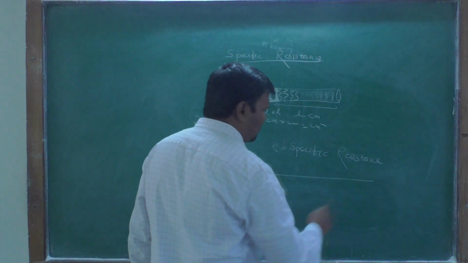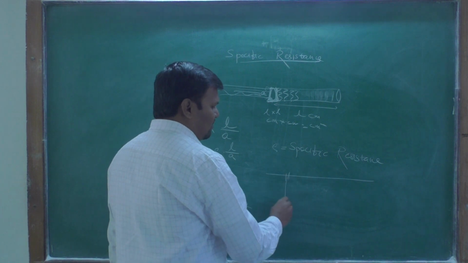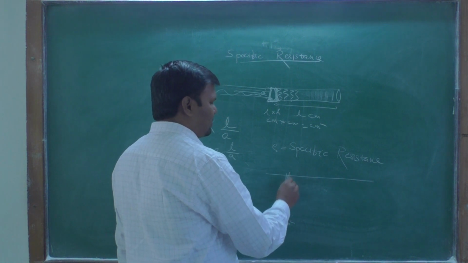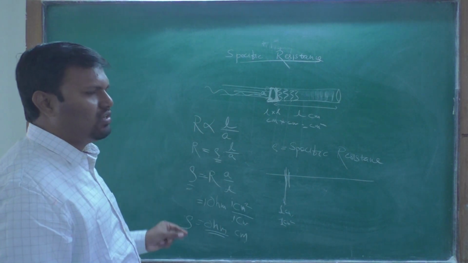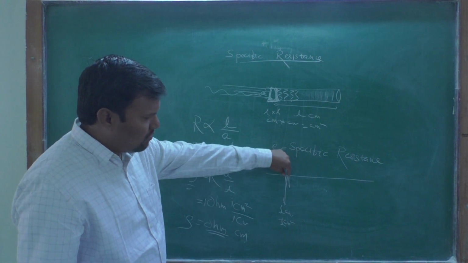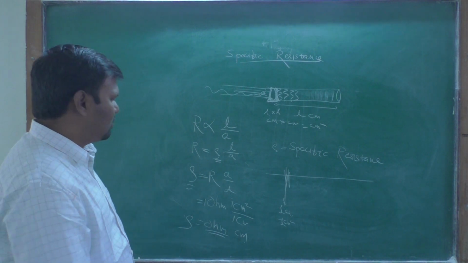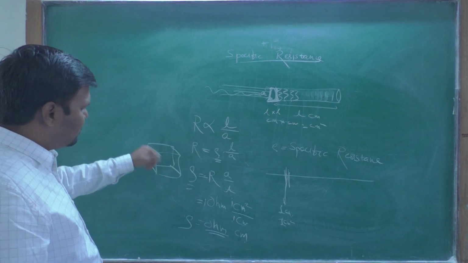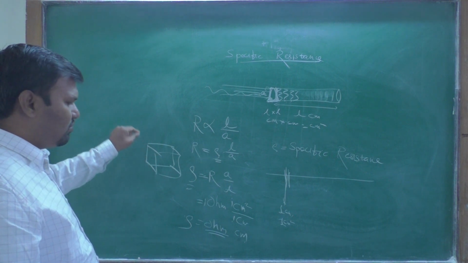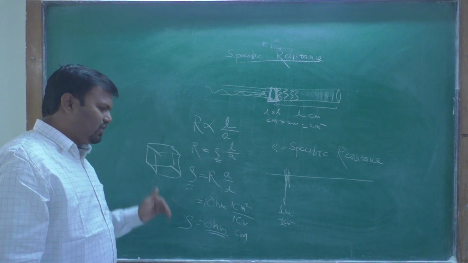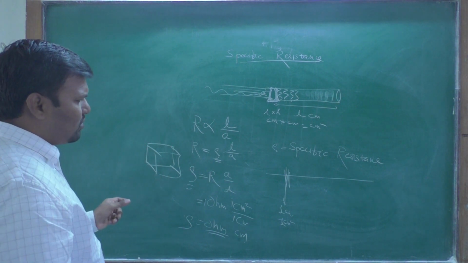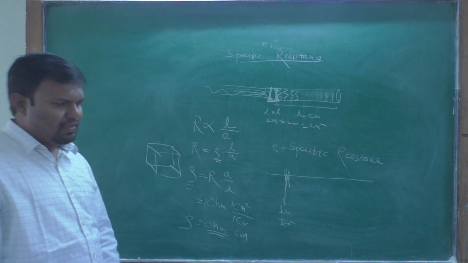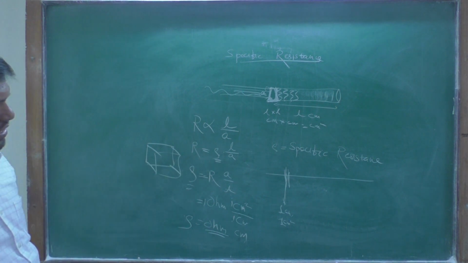If we take a slice of the metal carrying the current with length 1 centimeter and area 1 centimeter square, the resistance of that slice, that 1 centimeter cube, is called the specific resistance. Its unit can be derived like that.